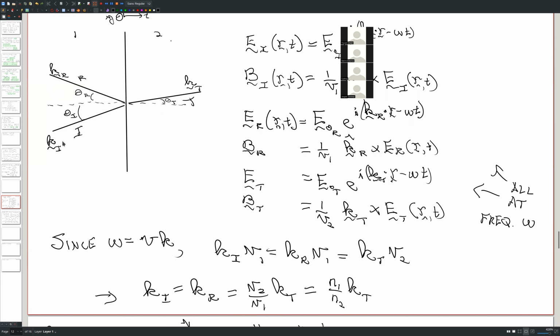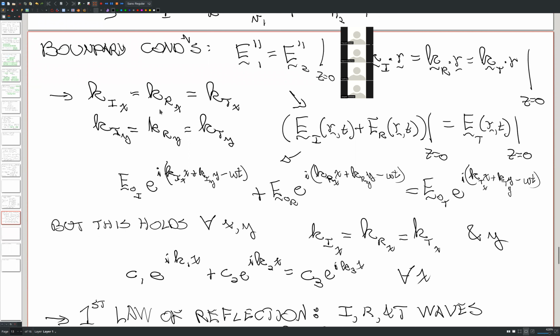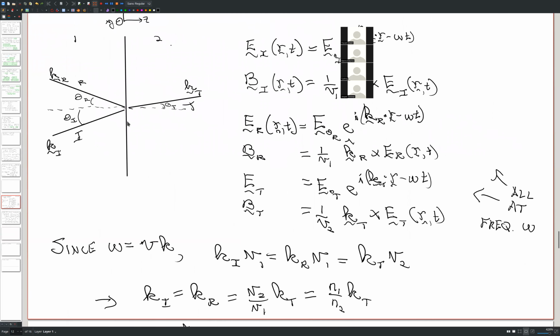So if I specialize this equation to the plane of incidence, the x component of this one becomes modulus of k incident times the sine of this angle. The reflected one is the amplitude of k reflected times sine of this angle, and then k transmitted times sine of this angle here.